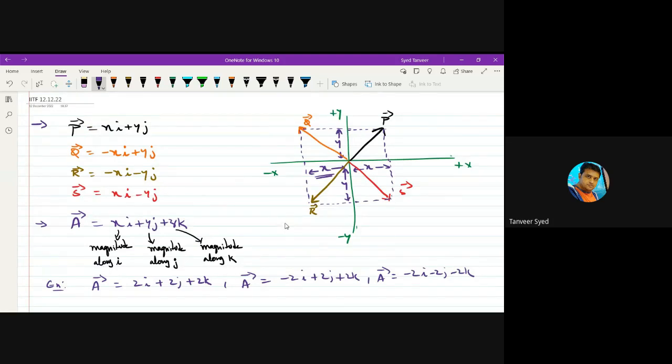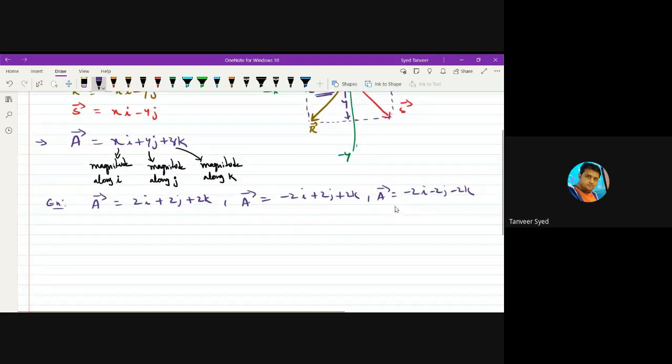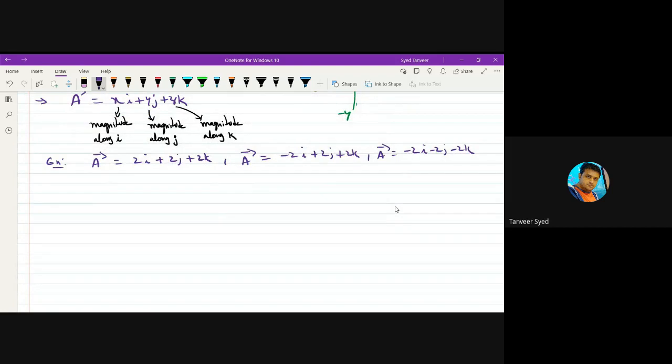Okay, so this is how we represent a vector using unit vectors. And this form of representation of a vector in terms of ijk unit vectors is called component form.